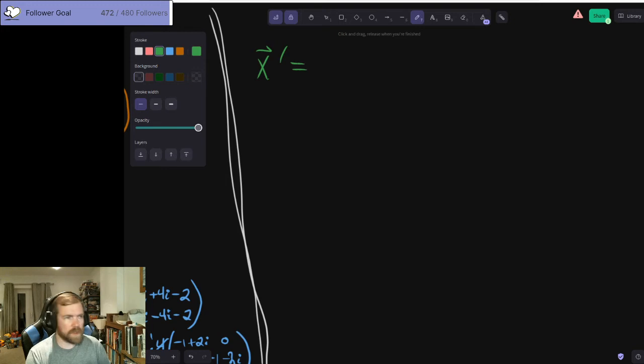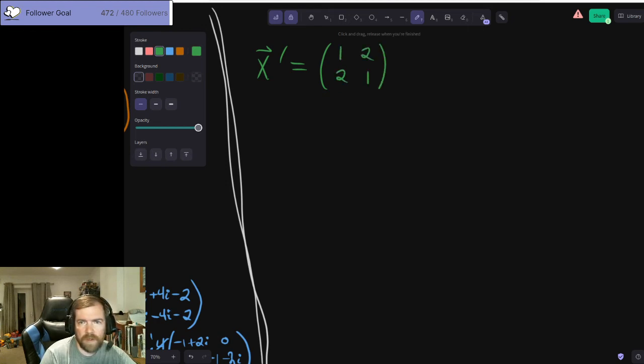Alright, so x prime is going to be equal to, let's do, yeah, the matrix [1, 2; 2, 1] times the x vector plus a vector involving sine of t.